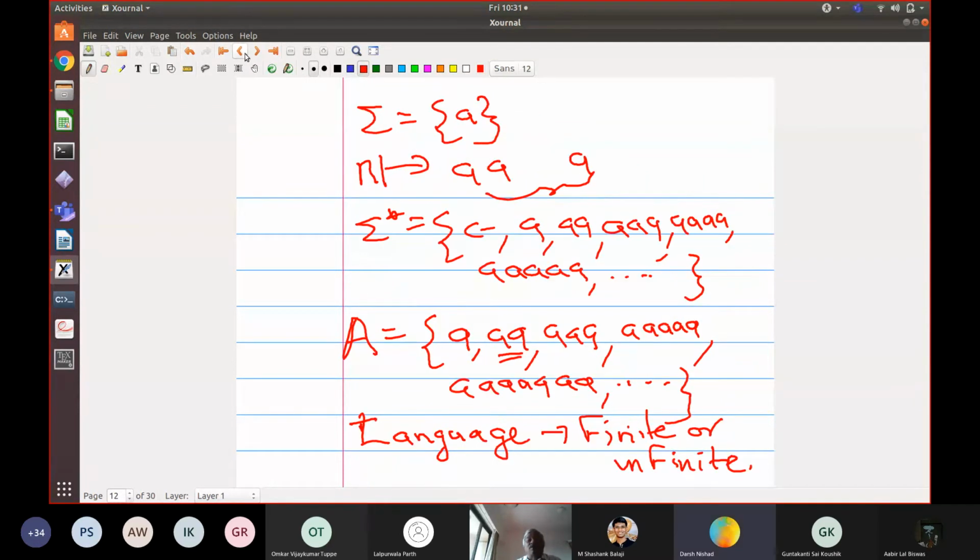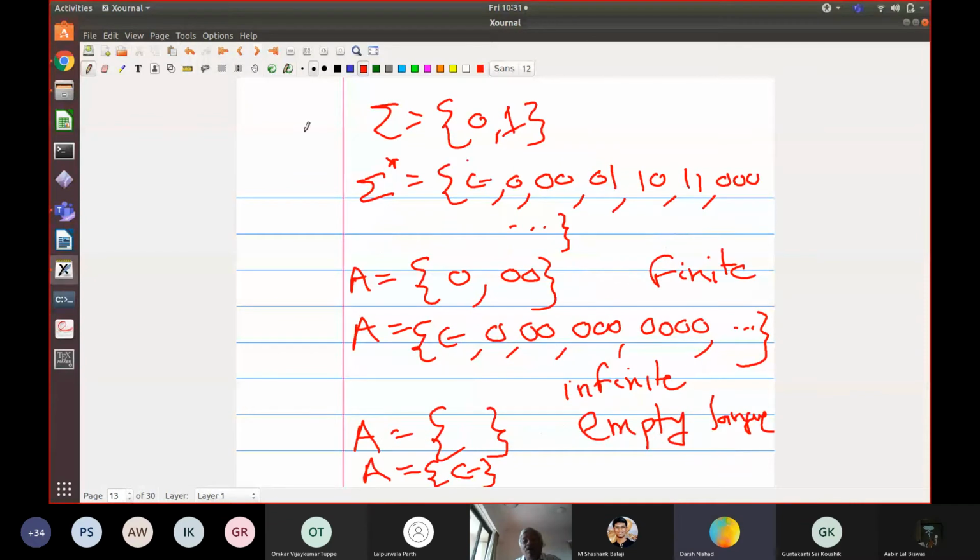If A is not a subset of sigma star, then it is not a language over sigma. Maybe it's a language over some other alphabet. When you talk about a language over sigma, it will only be subsets of sigma star. Otherwise, it will not be called a language over sigma. This is the definition.